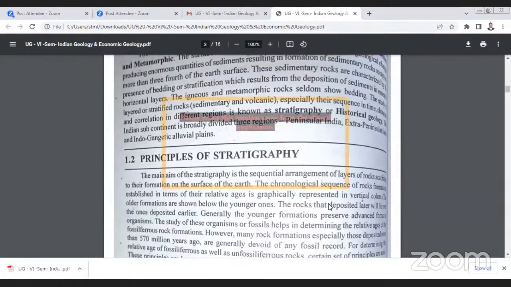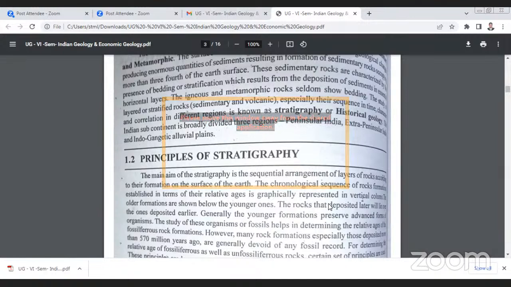So here the earlier formations are arranged in the vertical column at the bottom, and the rocks which are deposited later are younger.